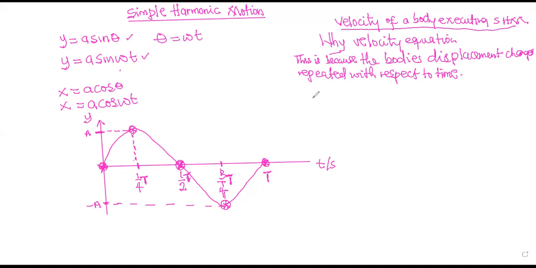And when a body is moving in such a way that its position or displacement changes with time, it amounts to velocity. So v is equal to dy over dt, which is change in displacement over change in time.